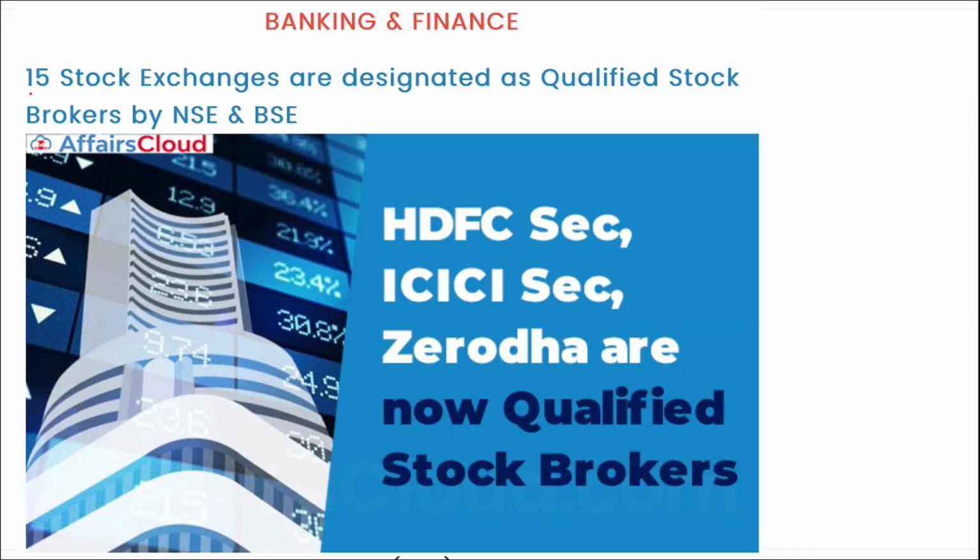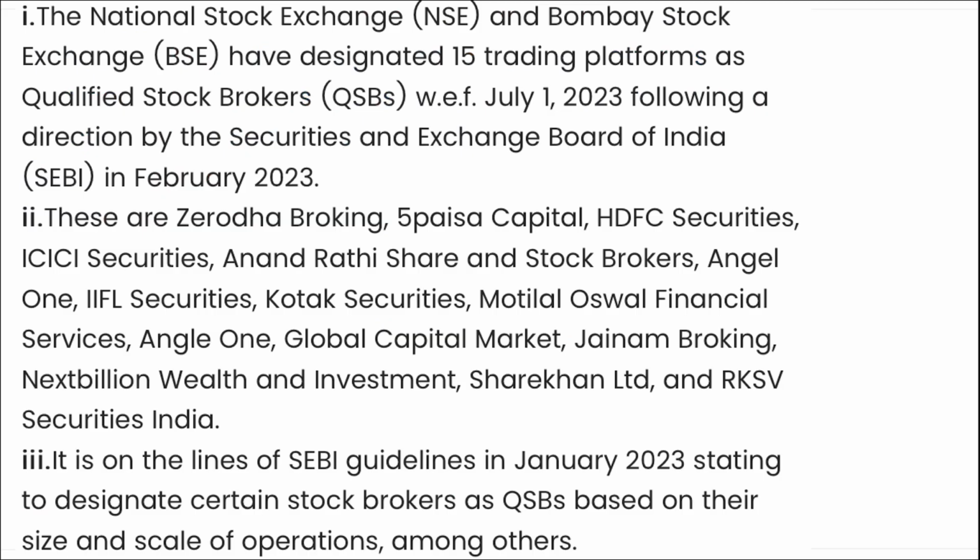Next, 15 stock exchanges are designated as qualified stockbrokers by NSE and BSE. So remember, NSE and BSE have designated 15 trading platforms as qualified stockbrokers with effect from 1st of July 2023, following a direction by SEBI in February.